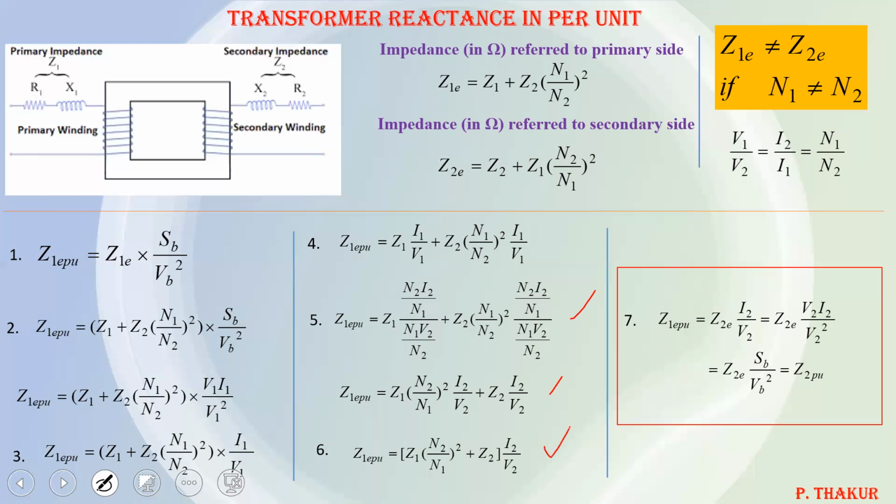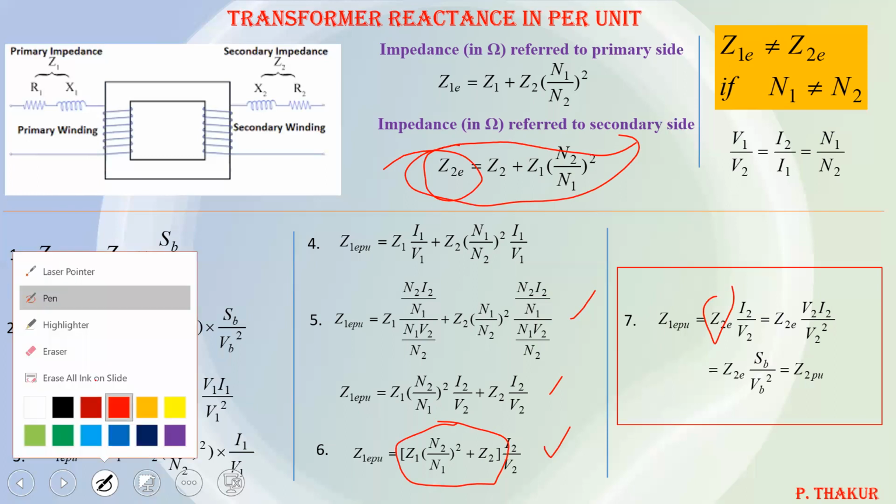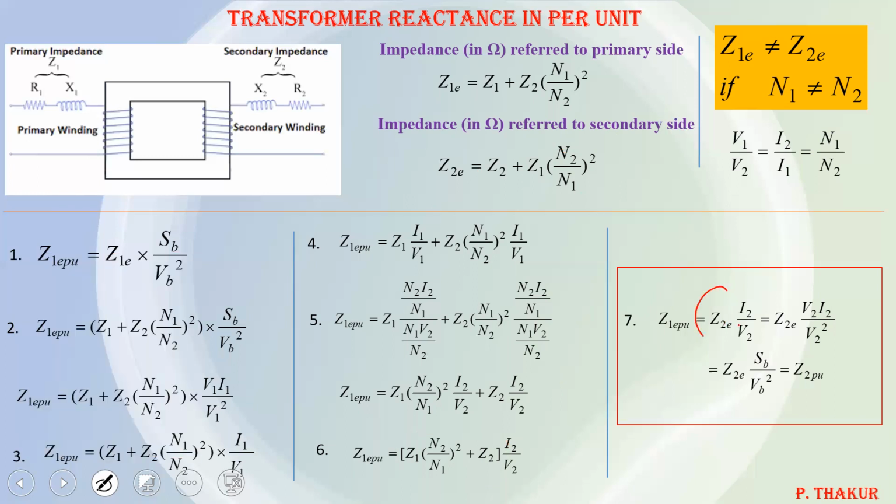And what is this? Z2 plus Z1 N2 by N1 whole square is the impedance of the transformer referred to the secondary. So in place of this, you can write Z2 into I2 by V2.